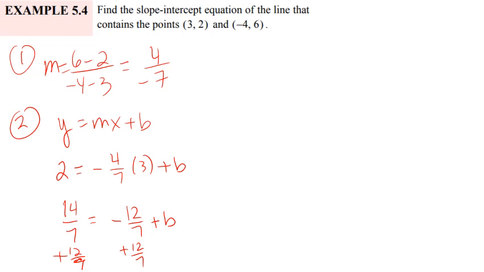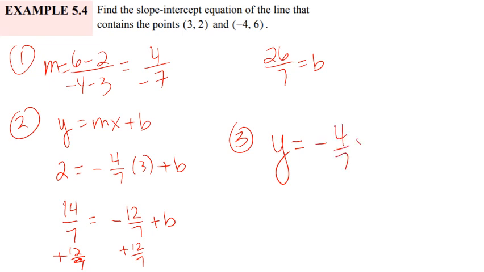And that will become 26 over 7 equals b. So step 3 is to write all the information down for the slope, which is -4 sevenths, and then the y-intercept that we just found, 26 over 7.